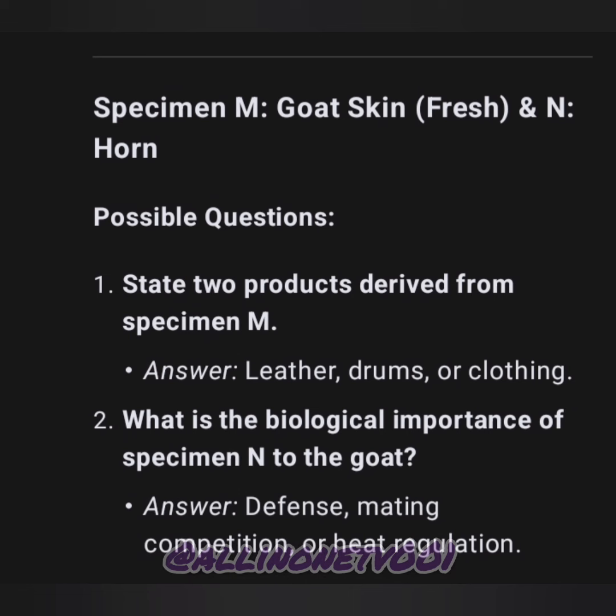So that is 2 products, or even let me say importance of goat skin. Number 2, what is the biological importance of specimen N to the goat? Answer: for defense, for mating, for competition, or heat regulation. So this is the image of horn.